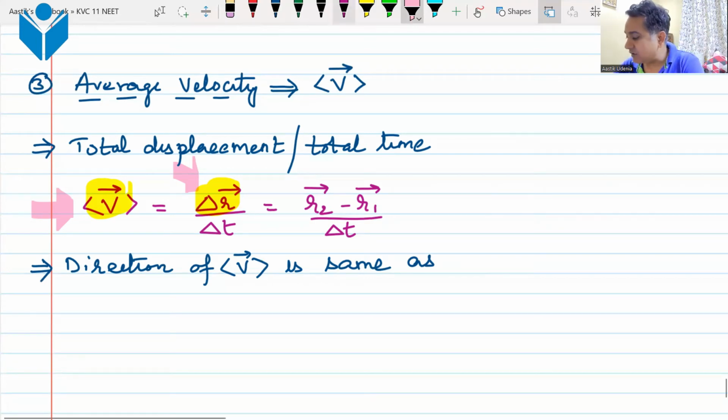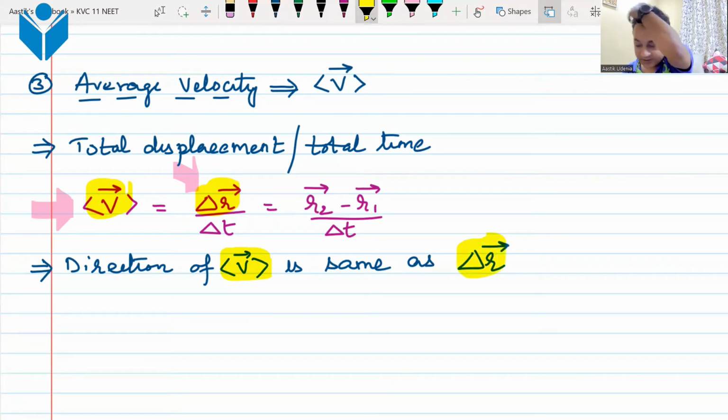That means the direction of average velocity will be the same as the direction of the displacement vector. Do we understand this? This is your third type of velocity, which is average velocity.